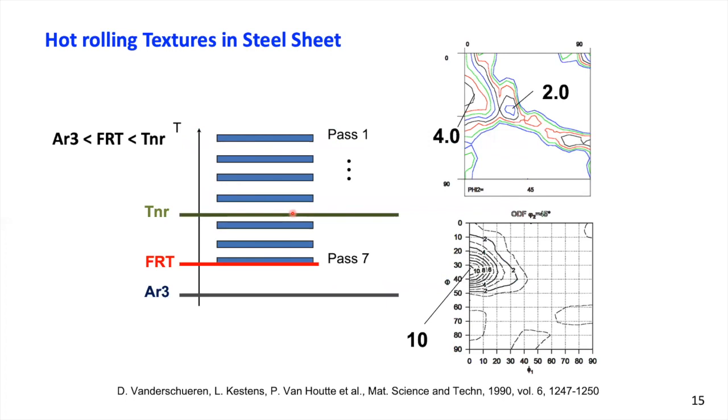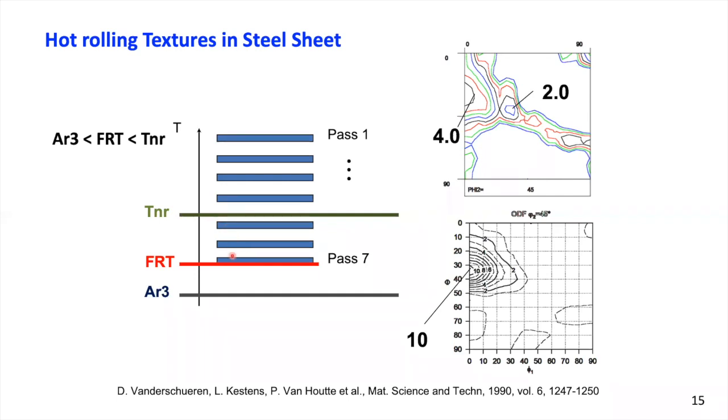For example, this is a scheme of a typical hot rolling sequence, finish rolling in steel, where you have 7 finish rolling passes, and you can see that all of the rolling passes in this example are above the Ar3 temperature, but a few passes are below the recrystallization stop temperature.